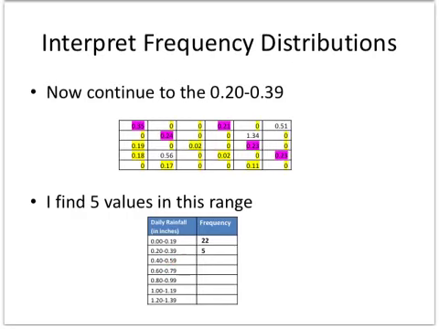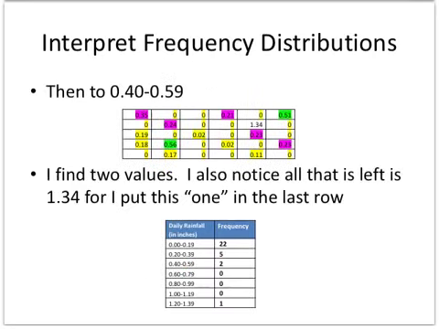I see 1, 2, 3, 4, 5. I continue to do this. For 0.40 to 0.59, there's only 2. And finally, there's just one large value from 1.20 to 1.39. That's my 1.34 right here. And then everything else is zeros.